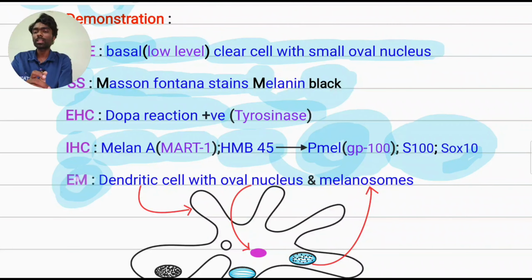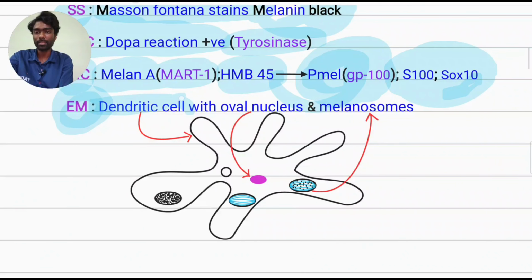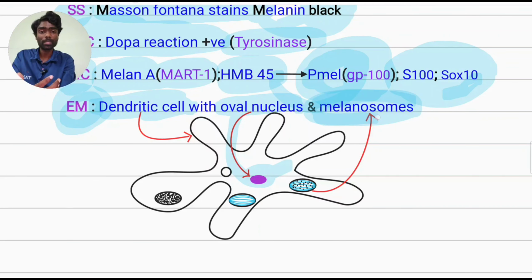Coming to electron microscopy, we can see a dendritic cell with oval nucleus and melanosomes. This is the main identifying feature, that is the specialized organelle melanosome. These melanosomes are present in 4 stages. Stage 1, round pre-melanosome without any melanin, without any enzymatic activity. Next, stage 2.